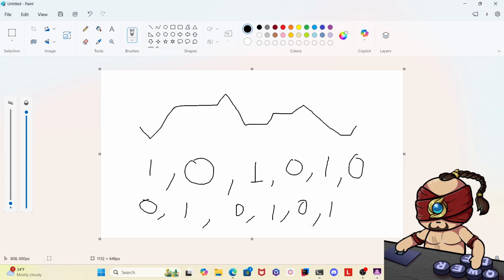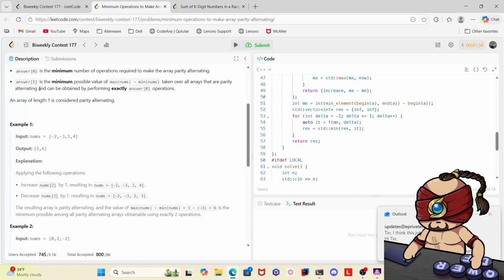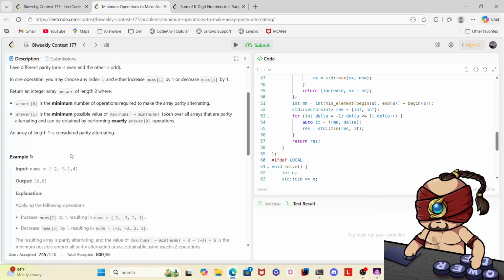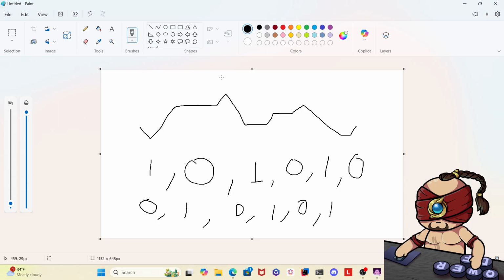Right? So you just try these two starting parity, and you just take the min of it, and it has the extra thing: among all the minimum ways to make it, you want to minimize the maximum, this peak and this peak.